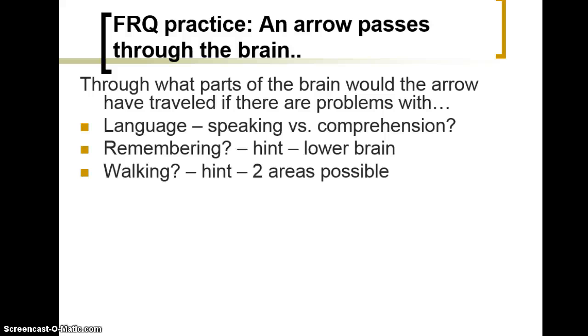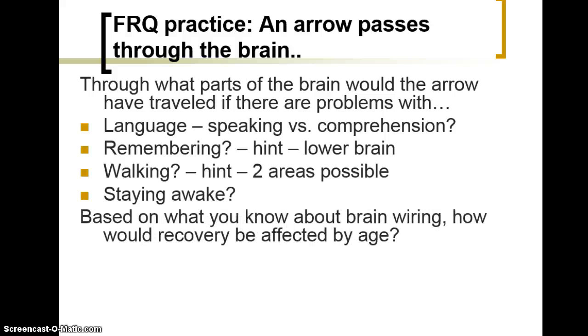Walking, well, we've got the motor strip on top of the head that goes from ear to ear, but we've also got the cerebellum that controls balance. Staying awake, we've got the pons that's going to help us with our sleep-wake schedule. We've got a little bit of the reticular formation as far as paying attention. That's really more about focusing than it is about staying awake.